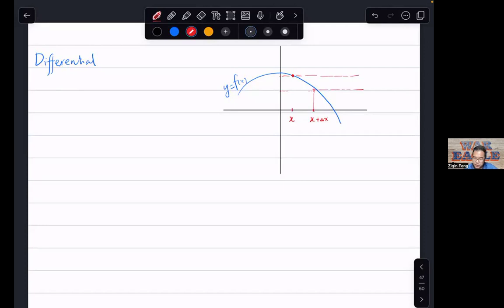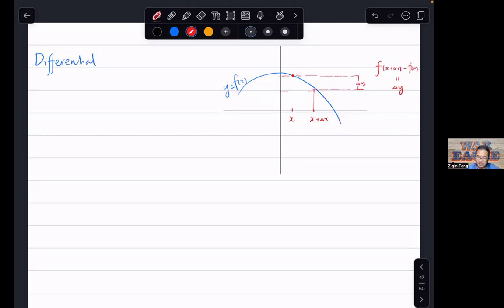So the actual change of y value will be f of x plus delta x minus f of x. We give a short notation, which is called delta y. So delta y is the difference between the function value after you change your x minus the function value at x.